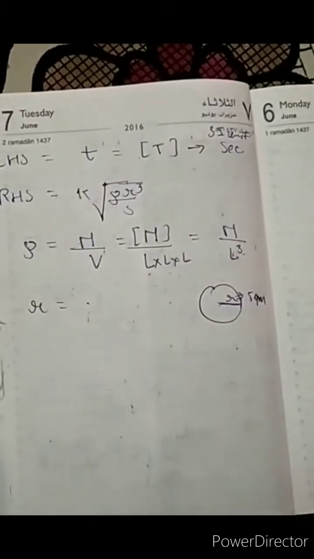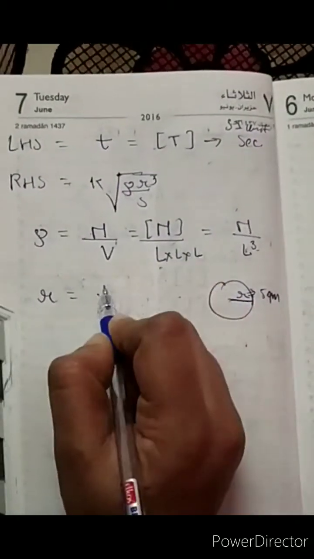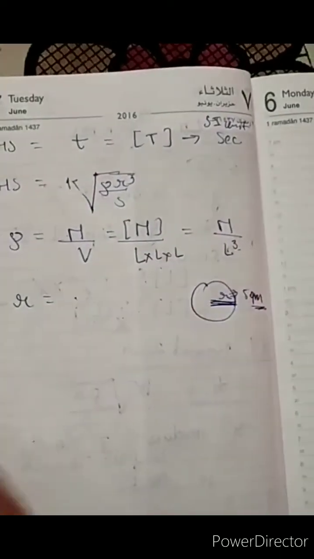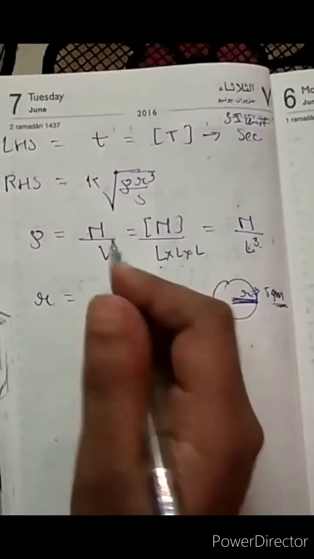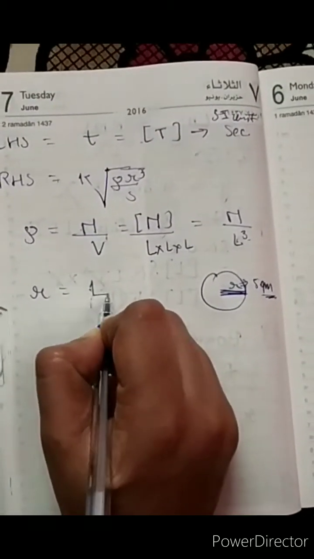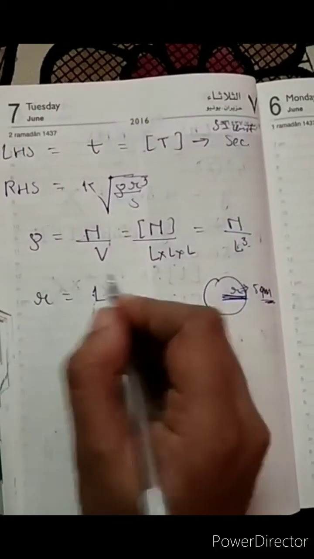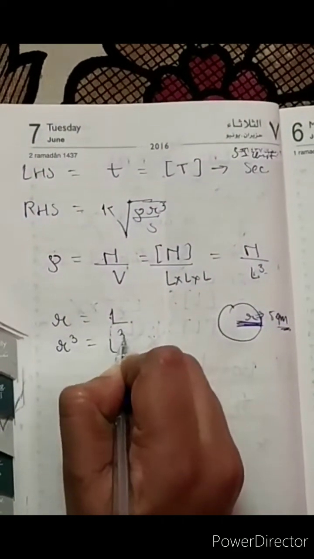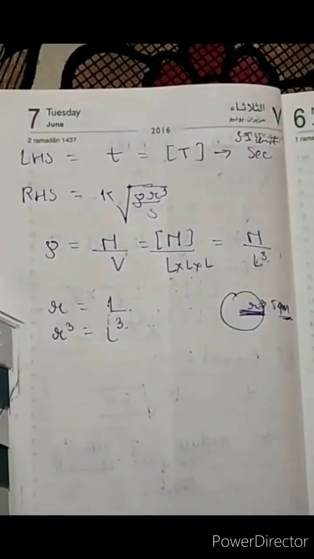If it is in centimeter, you have to convert it into meter. So meter means length. Every time, even if it is in centimeter or meter, you are talking about length dimension. So radius has dimension L, and since it is R cube, cube both sides, so L cube.